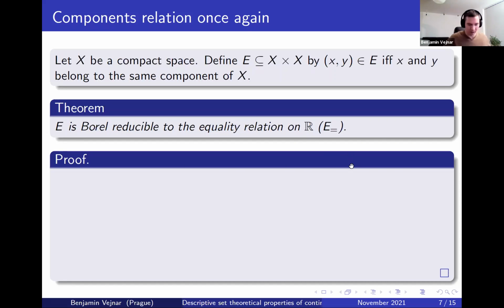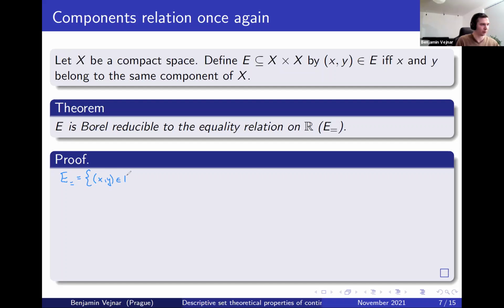Okay, so let me sketch the proof of this result. Just for completeness, the equality equivalence relation on reals is just the diagonal, right?